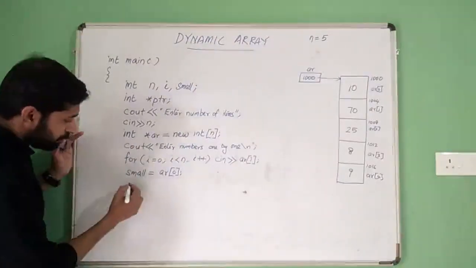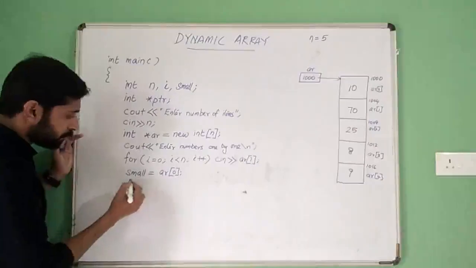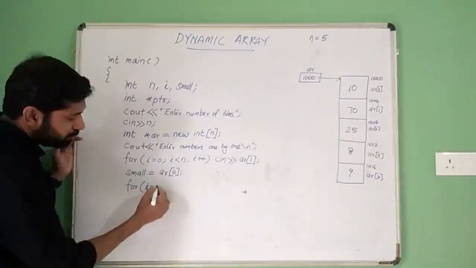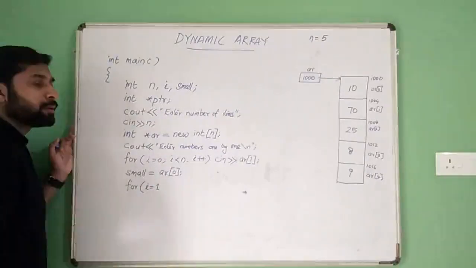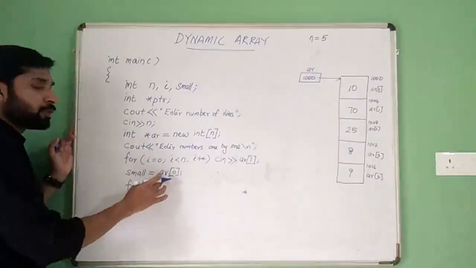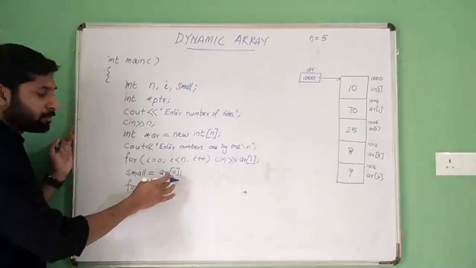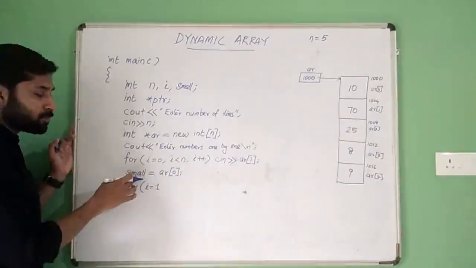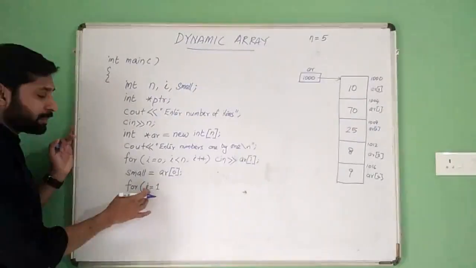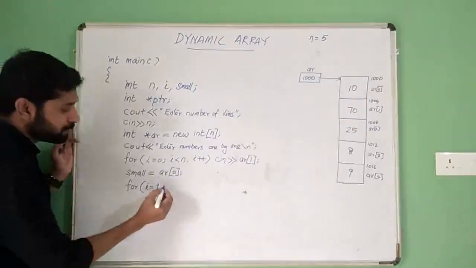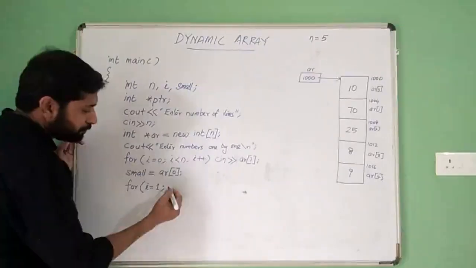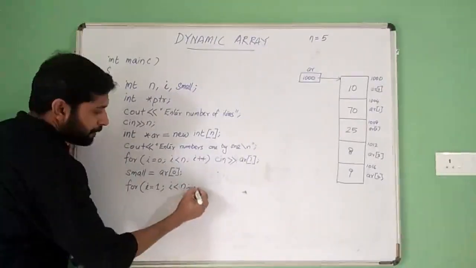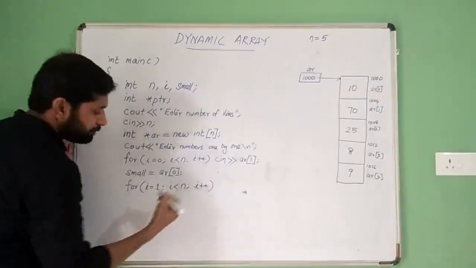So we are writing the loop for I is equal to 1. No need of starting from 0. Already the 0th element, the first element is considered as the small one. So we are starting the comparison from 1 onwards for I equal to 1, I less than n, I plus plus.